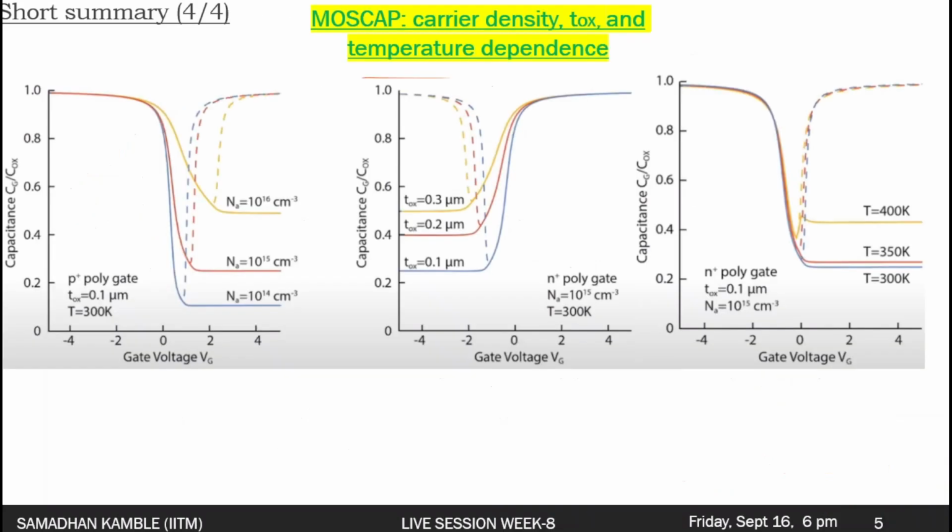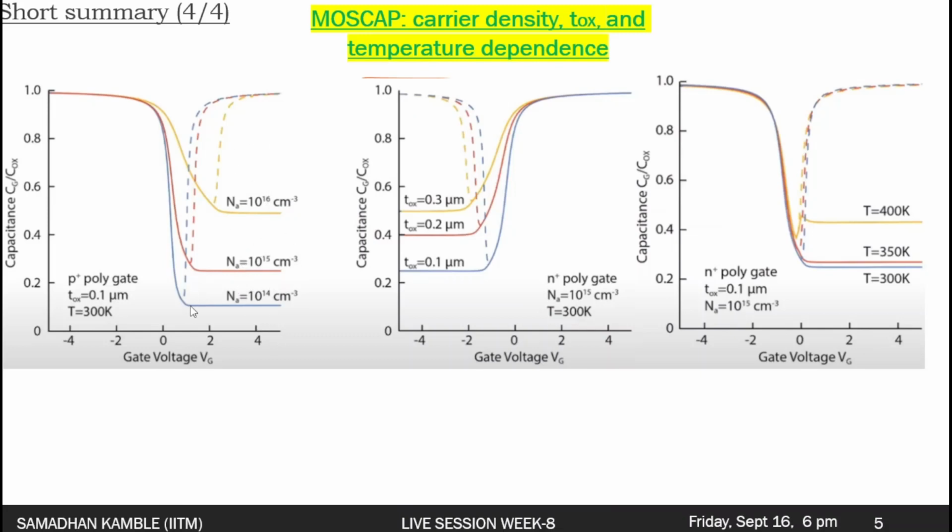Okay, so let me go to the final slide for the summary. Here we also saw that the MOS capacitor's CV characteristics are dependent upon different parameters, such as the charge carrier density, the thickness of the oxide layer, and also the temperature. You can see this dependence being shown here.